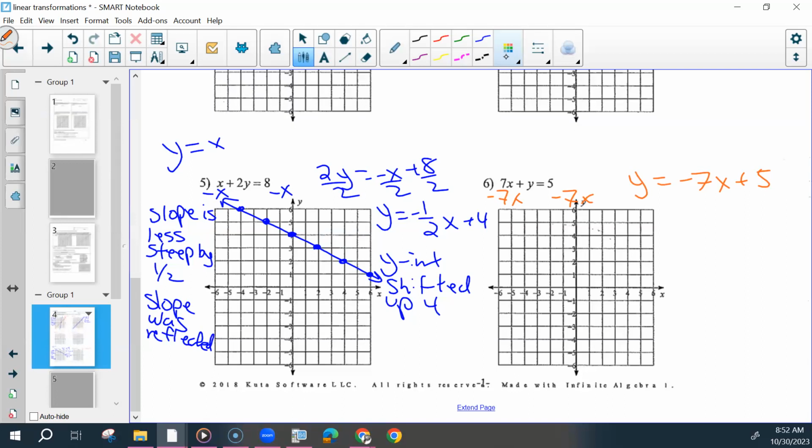Right, let's compare the original to this new one. What changed? So you mixed up the words there. If we're talking about shifted, is that slope or is that y-intercept? Oh, right. The y-intercept shifted up. What else?